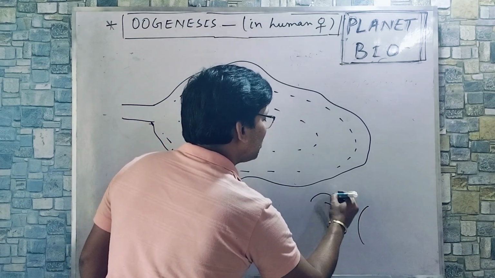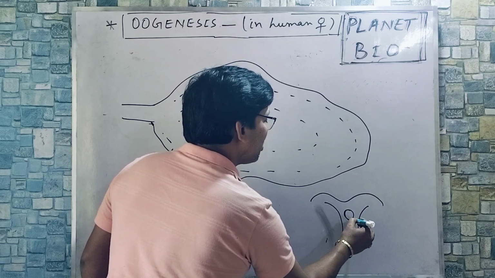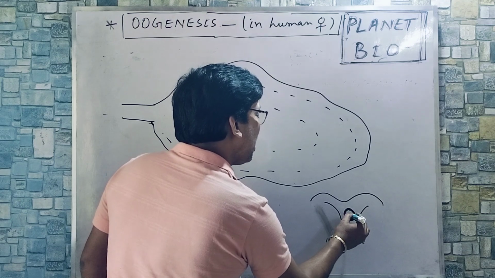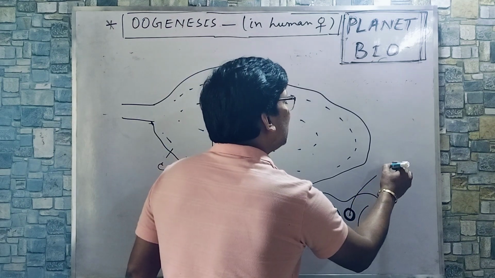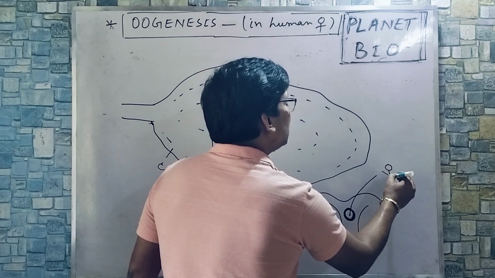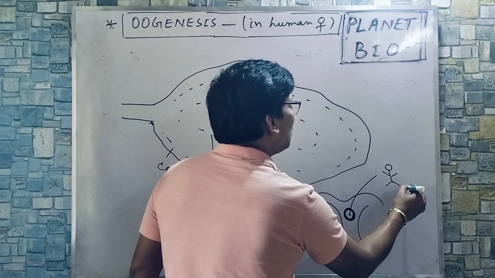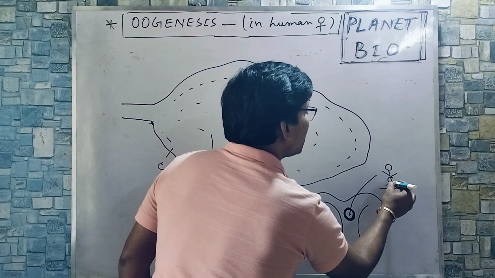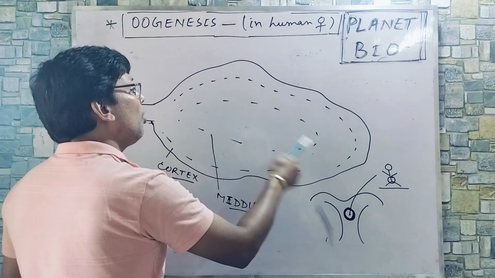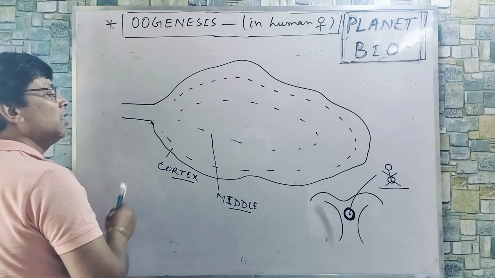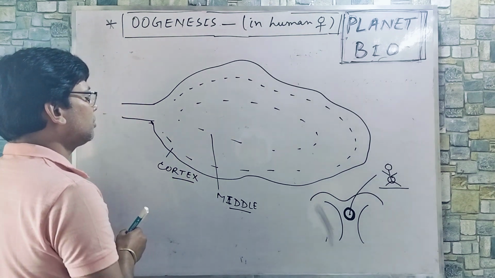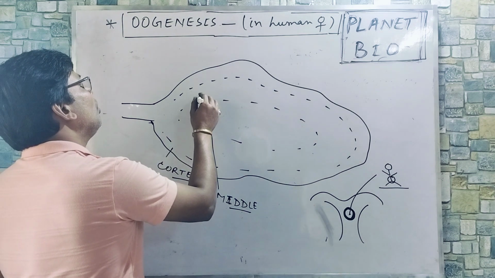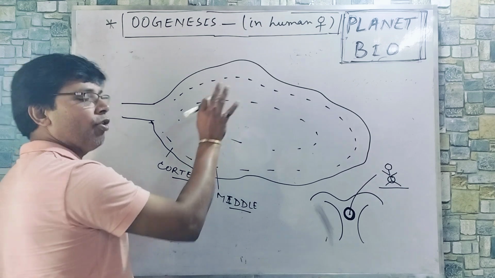Inside the mother's womb, hystera, uterus, and here you can find this is the fetus female. Inside the ovary of the female fetus, it is taking place. It has started. You can see a number of oogonia are formed here.